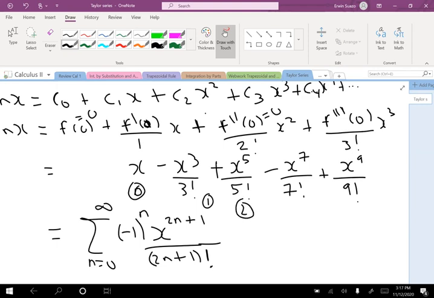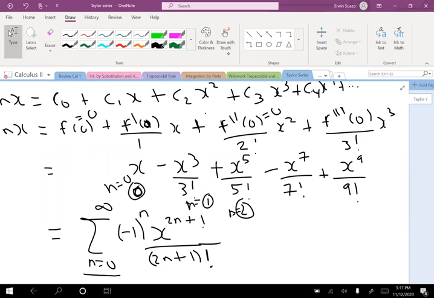Oh yeah, so it's good, because I'm counting using this one. So this is n equals 0, this is n equals 1, this is n equals 2. When n equals 2, it is 2 times 2, 4, plus 1, so x to the 5, and minus 1 to the 2 is positive. Okay, so this is good.